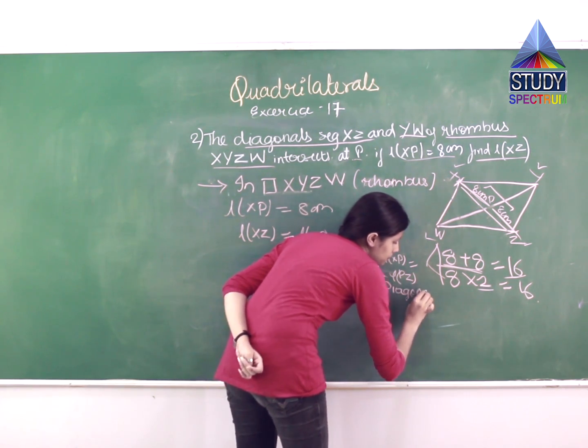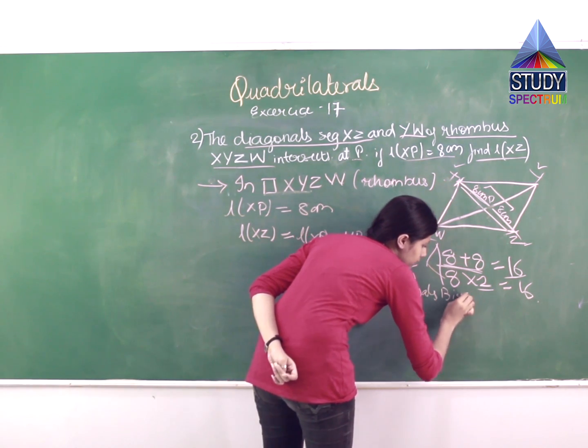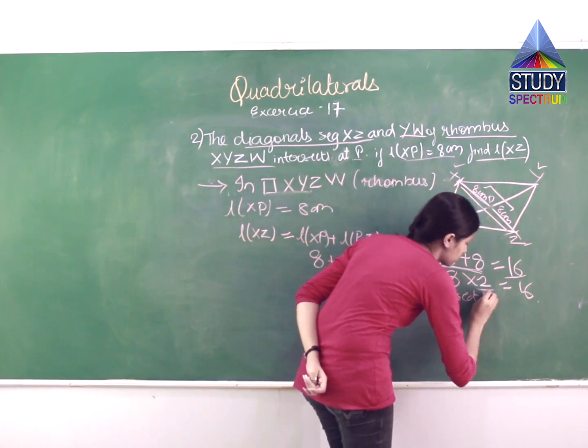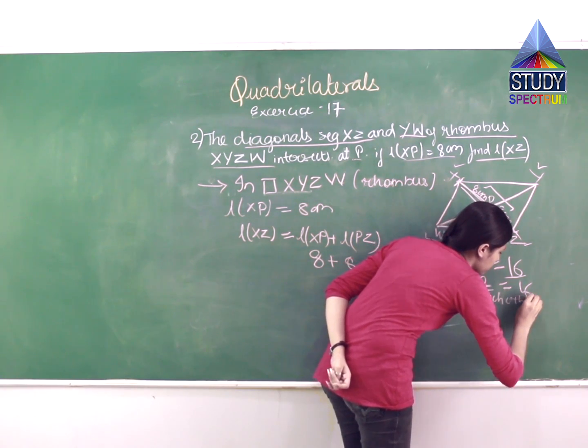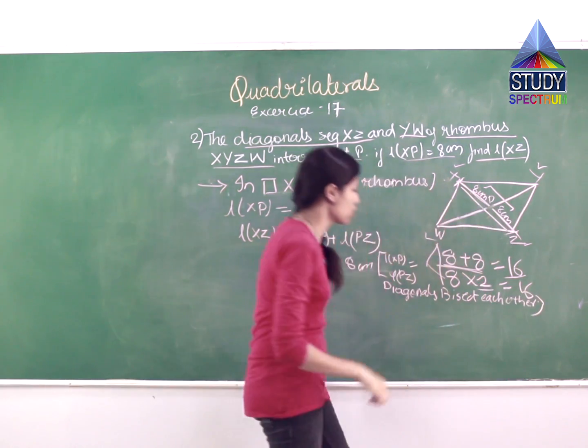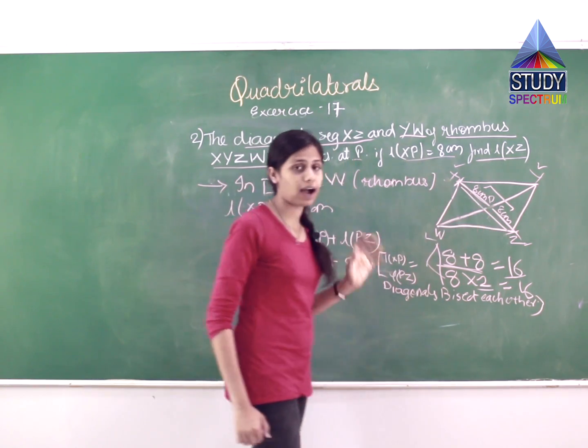And further you can write diagonals bisect each other. So this length is equal to this length. Why?